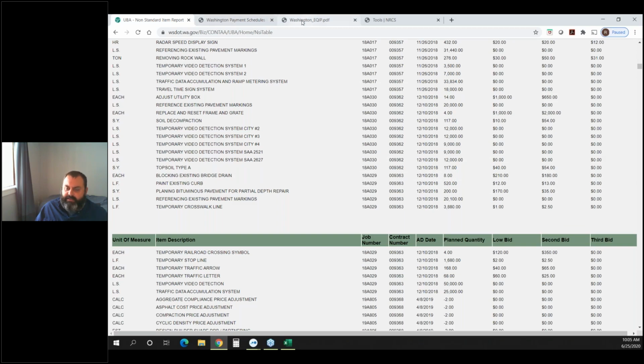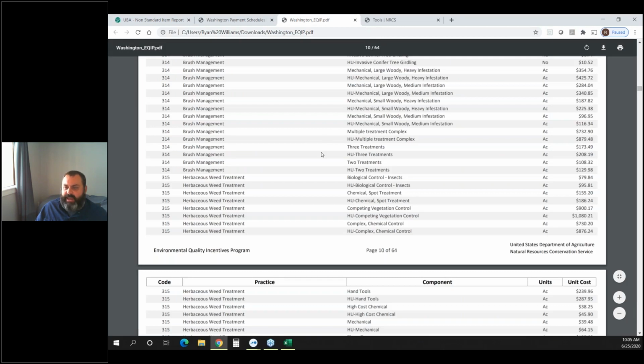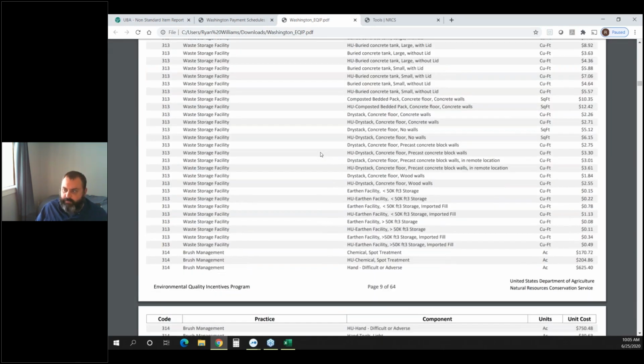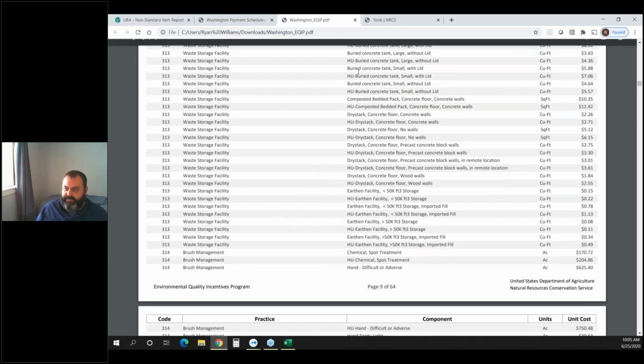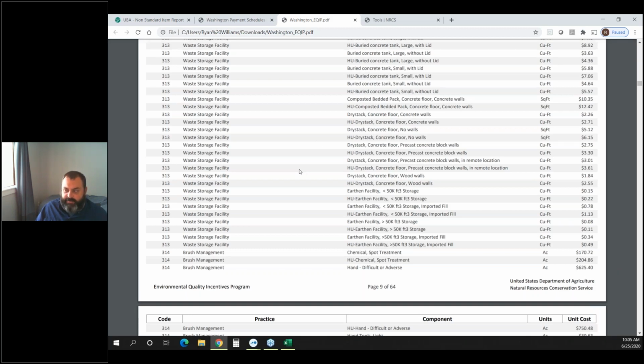As part of that, we were talking about EQIP and so on. And I use that as a tool as well. They publish every current year's payment rates for all the different practices, including with the subcomponents in there. The thing to remember with this one is that this is a cost share rate. It's not necessarily 100%.